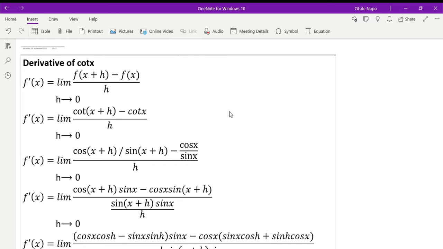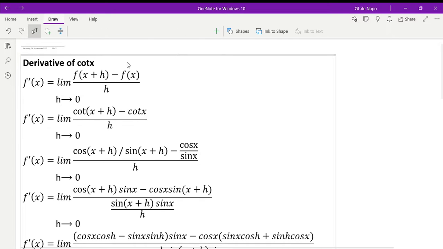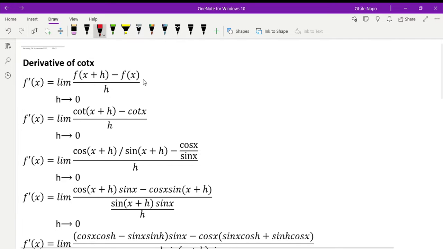So we start with using the formula: the limit as h approaches 0 of f of x plus h minus f of x divided by h. We therefore substitute into our formula.